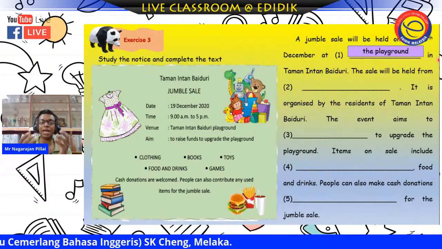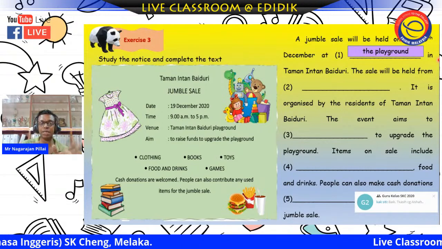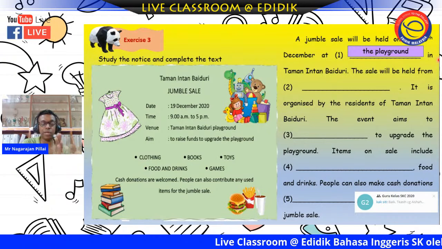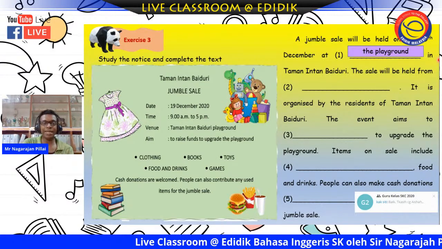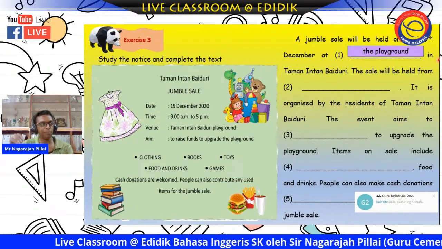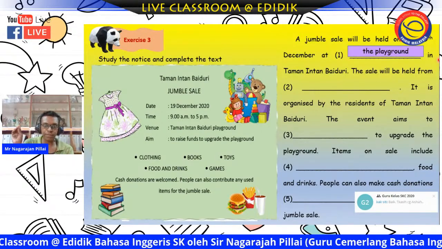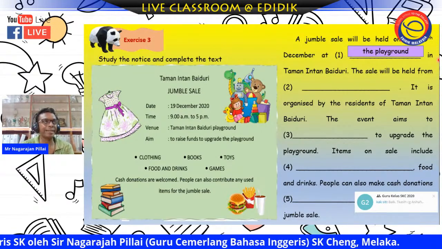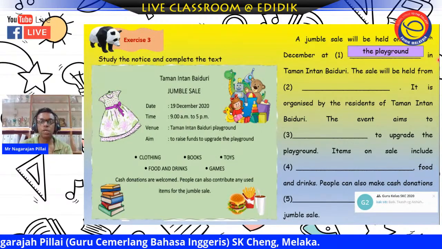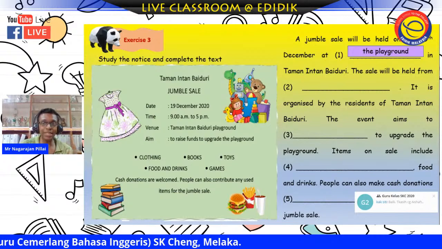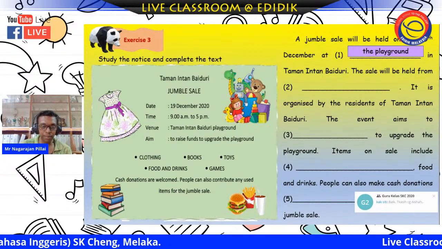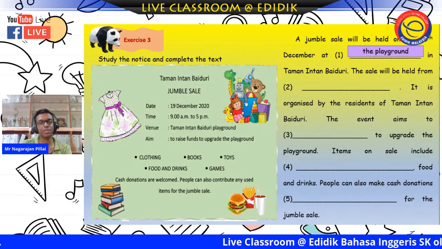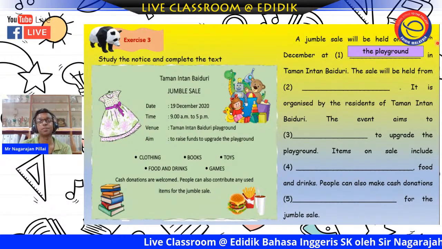Because we are specifically talking about the playground at Taman Intan Baiduri, not playgrounds in other tamans, like Taman Cendekiawan, Taman Cheng, Taman Perdana. The names are just something that I have created. This jumble sale will only be held at one taman, in Taman Intan Baiduri, at the playground. So that's why you need to add the article the.